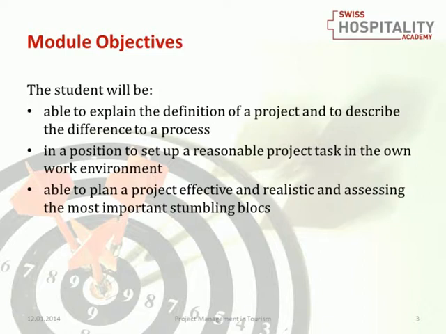The next one is being able to plan a project effectively and realistically and assessing the most important stumbling blocks. So not only make a plan. It's easy on the computer to make a nice four-colored plan and show some charts that are very impressive to all the people. But actually we want to have realistic material.